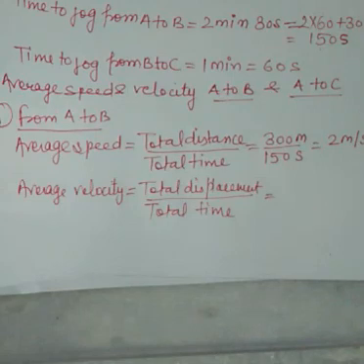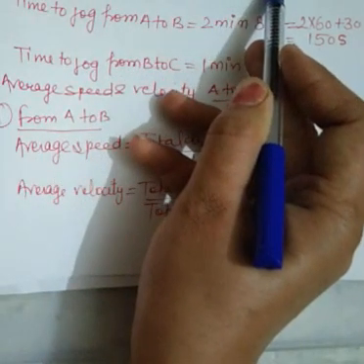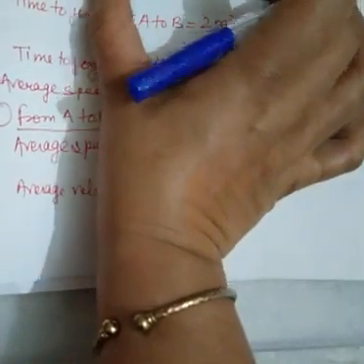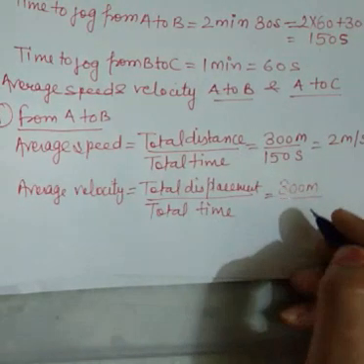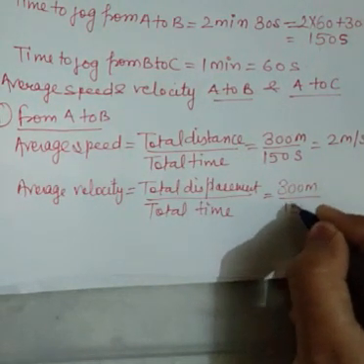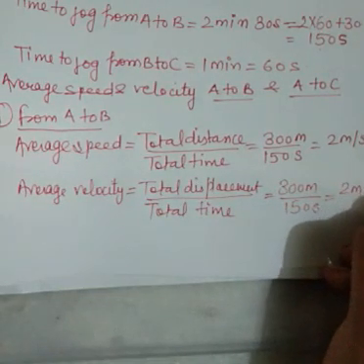The straight line path between initial and final position. While going from A to B, it is already a straight line. So the distance and displacement are the same in this case. So it will be again 300 meters, and the time to go from A to B is the same, 150 seconds. So it will be again 2 meters per second.